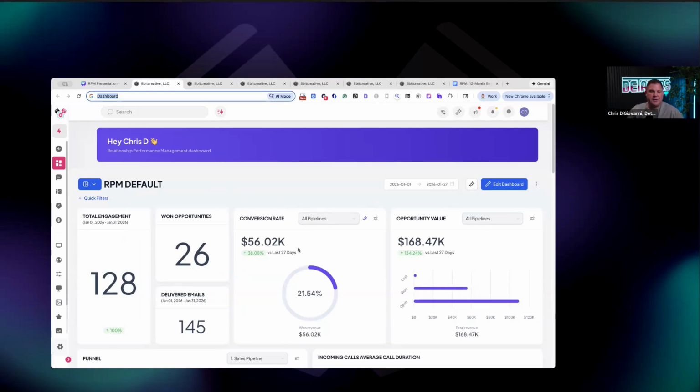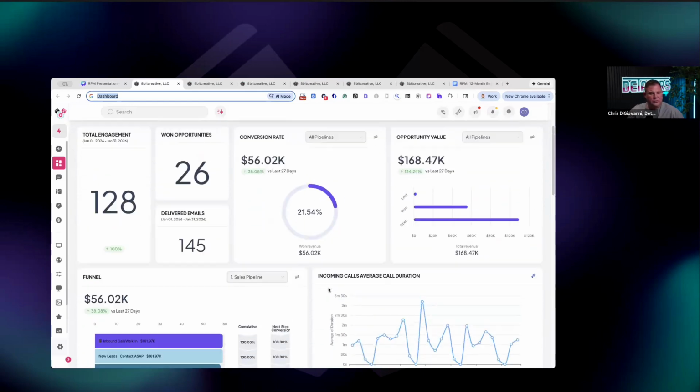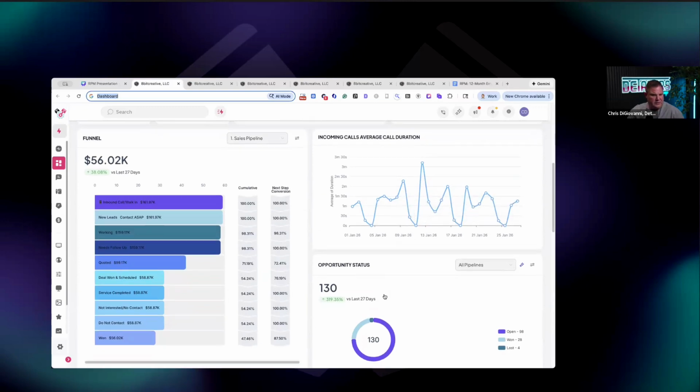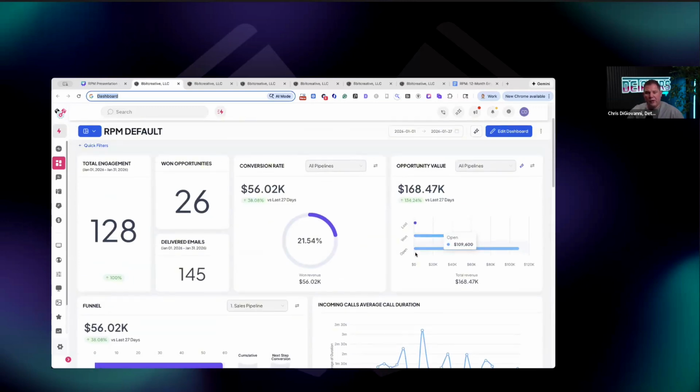And I've talked about this for years: what are you converting? Are you converting 21%? Are you converting 50%? Are you converting 5%? The dashboard will always show you the day, the week, the month, anything you want, incoming call duration, status, all this stuff. And we're always exploring more.